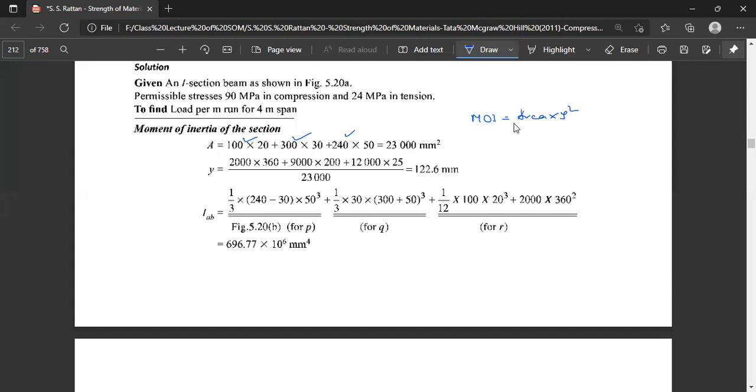So in order to know y, we have to find the area multiplied by its distance.